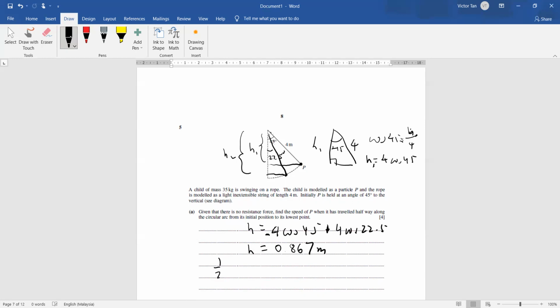So the gain in kinetic energy equals the loss in potential energy.